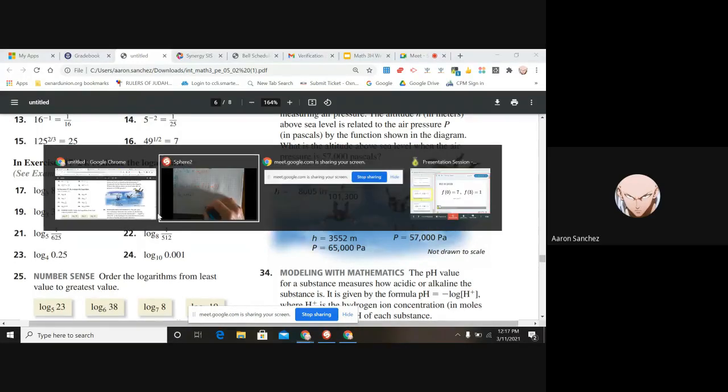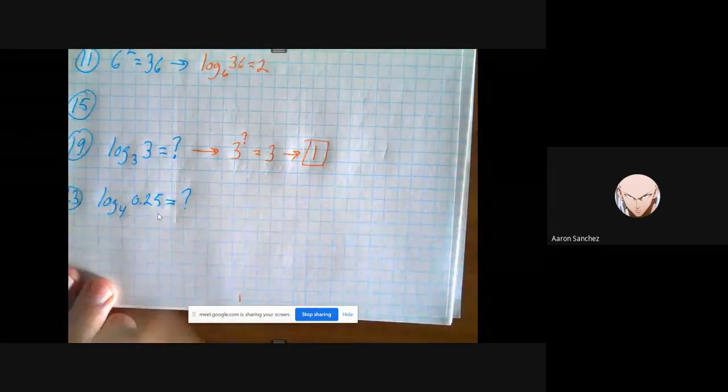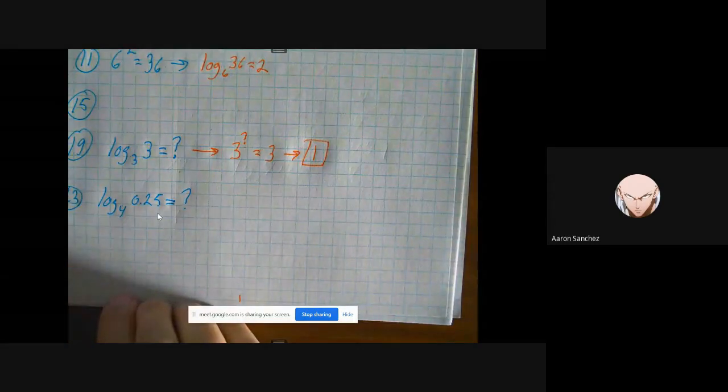Okay. You guys have that written? So write that in exponential form. Tell me what it is in exponential form. I'm going to call on one of you.